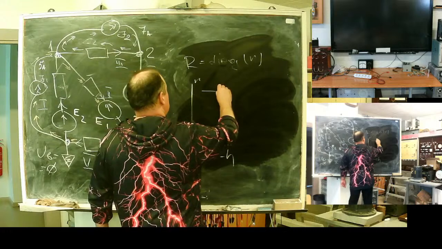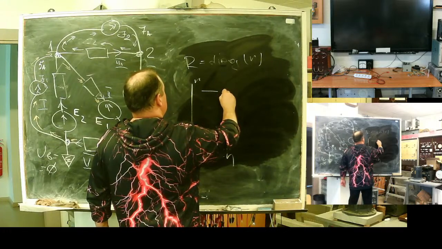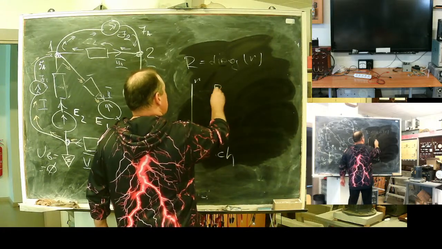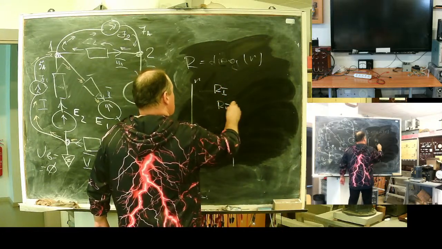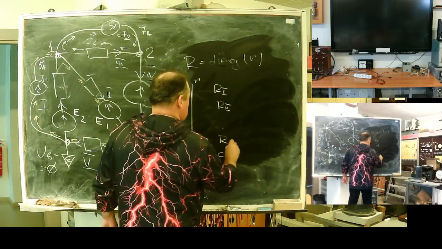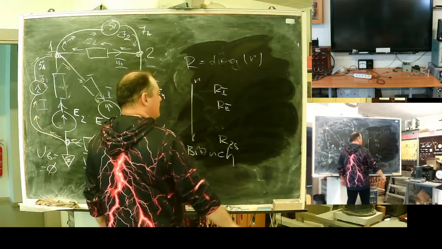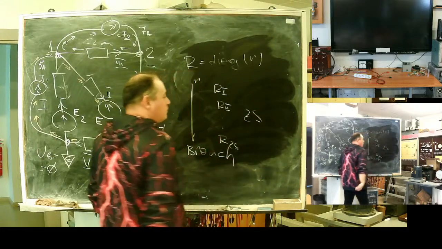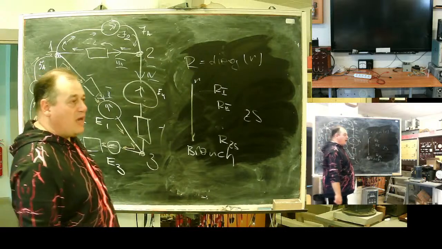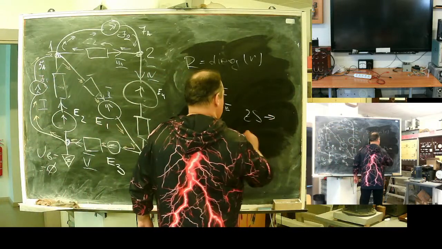It will be simply R1, R2, and so on, up to the number of branches.